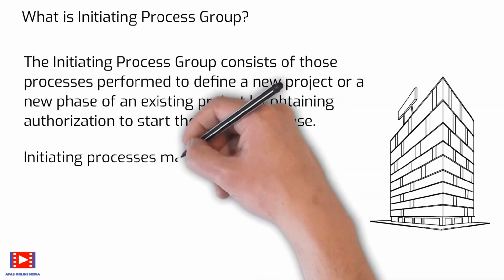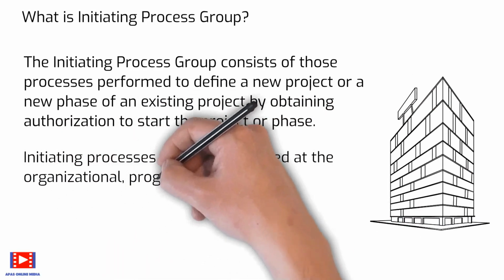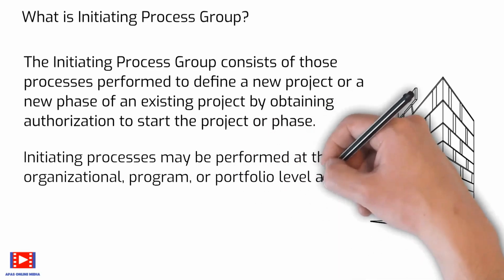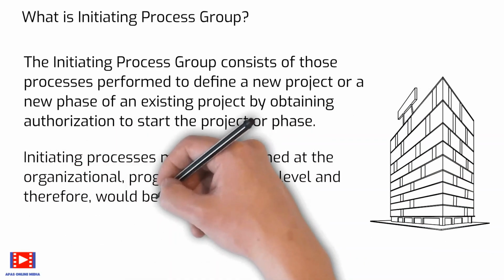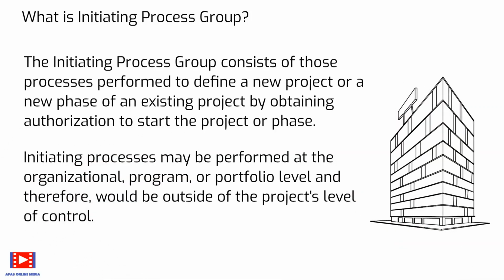Now, initiating processes may be performed at the organizational, program, or portfolio level and therefore would be outside of the project's level of control. For example, prior to commencing a project, the need for high level requirements may be documented as part of a larger organizational initiative.